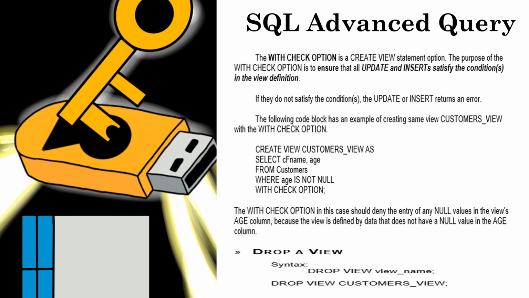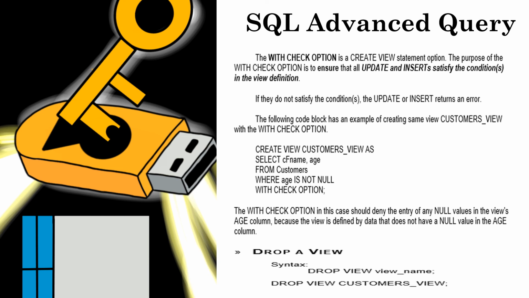We also have the WITH CHECK OPTION, which is a CREATE VIEW statement option. The purpose of the WITH CHECK OPTION is to ensure all updates or inserts satisfy the conditions in the view definition. If they do not satisfy the condition, the update or insert returns an error. The following is an example: CREATE VIEW customers_view AS SELECT cfname, age FROM customers WHERE age IS NOT NULL WITH CHECK OPTION.